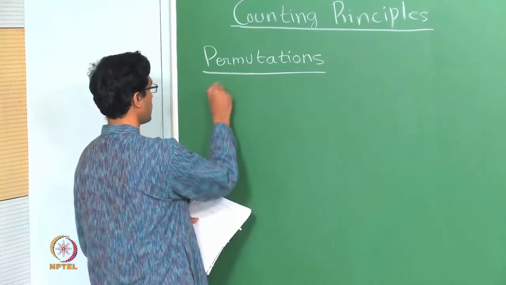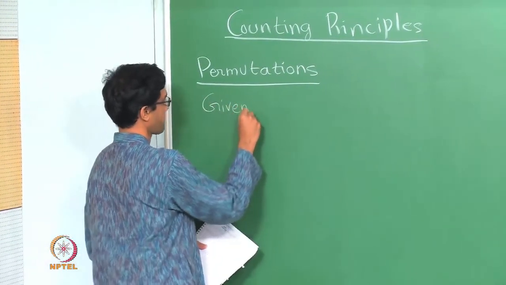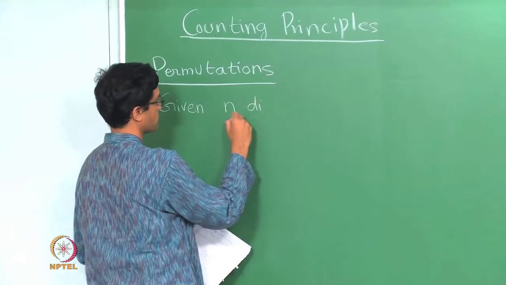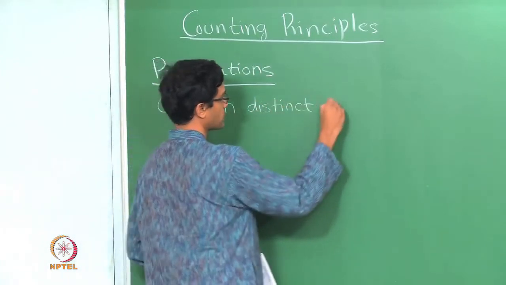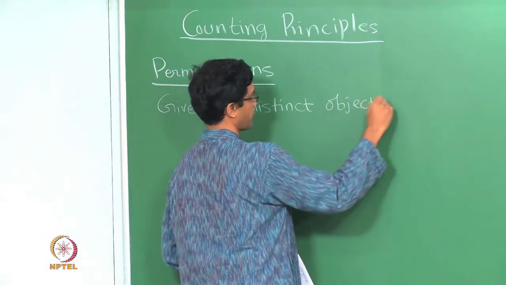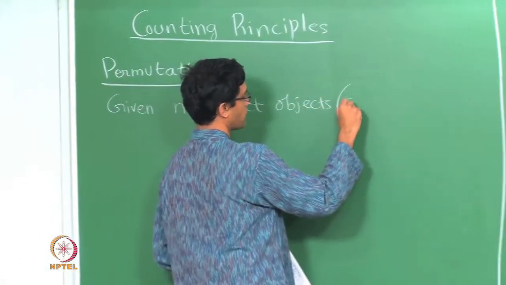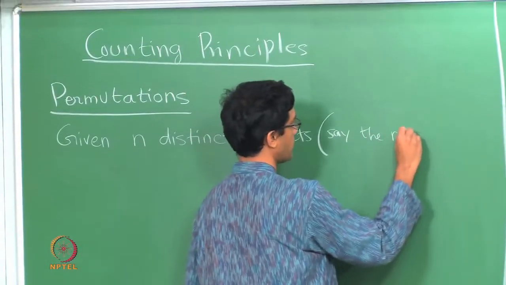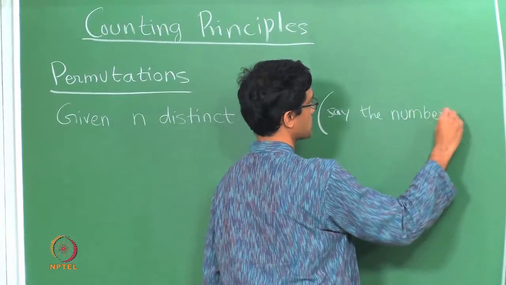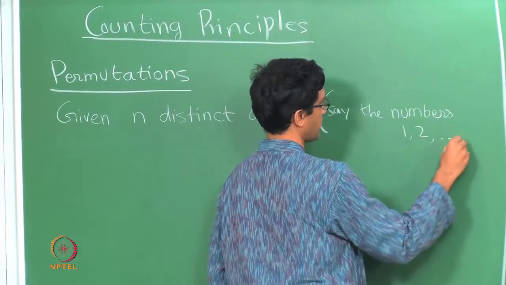Here's a question: given n distinct objects, where n is some number 1, 2, 3 and so on, some natural number, and often it's convenient to just think of those n objects as just being the numbers 1 to n, say the numbers 1, 2, 3 till n.